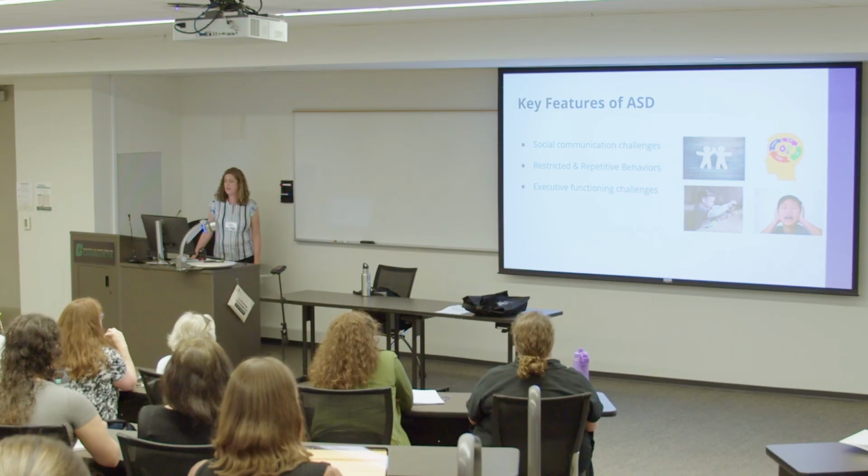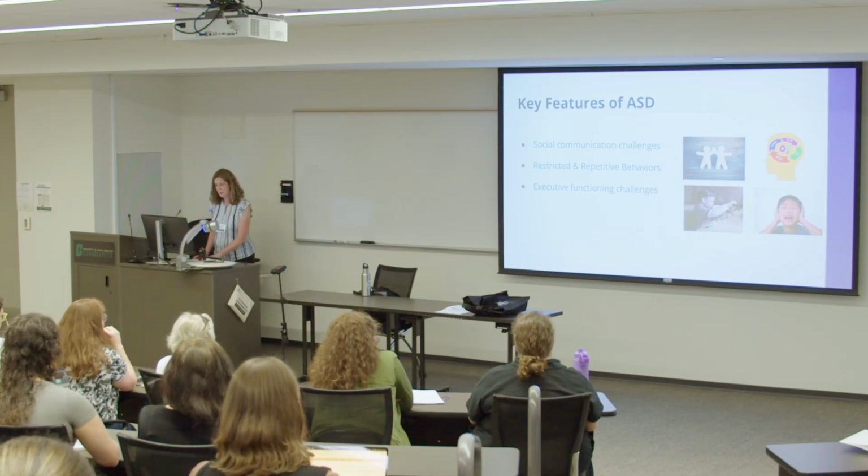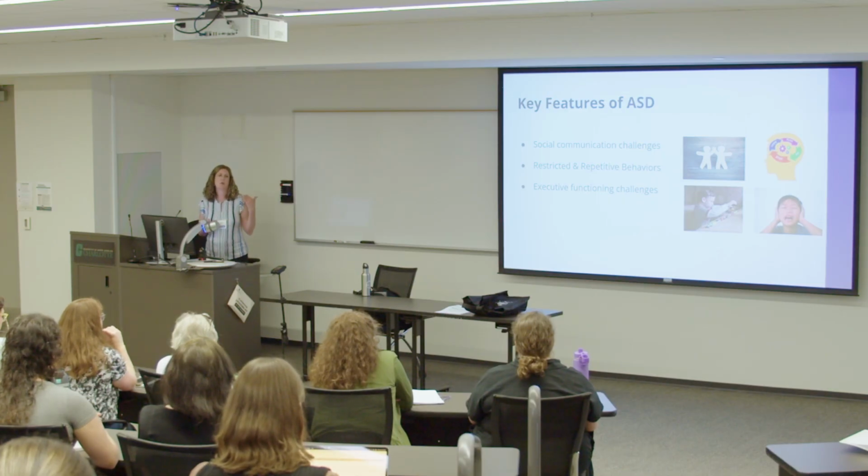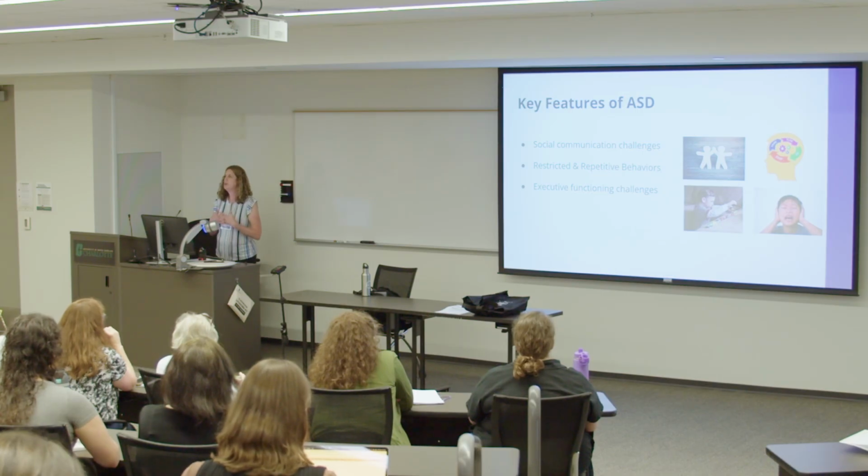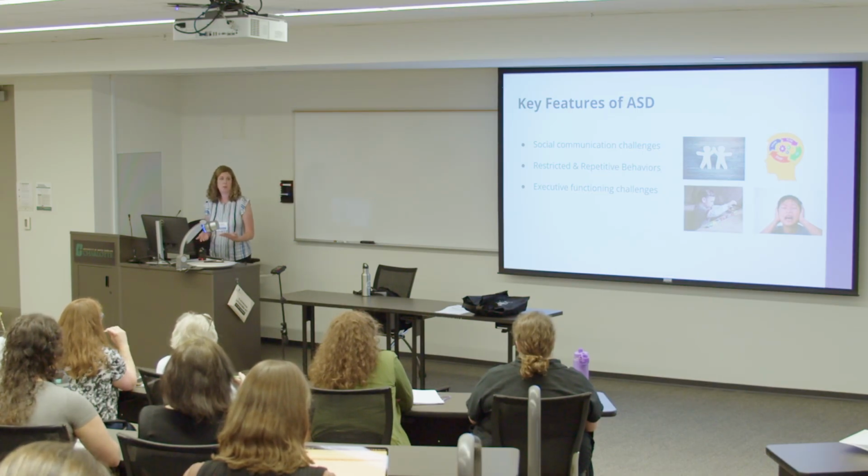There's also executive functioning challenges. And I think it's important to note that of the people that are diagnosed with autism spectrum disorder, only a third would be considered below average IQ. So the majority of individuals with a diagnosis of autism spectrum disorder do not have cognitive limitations.